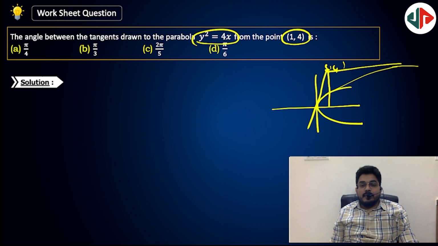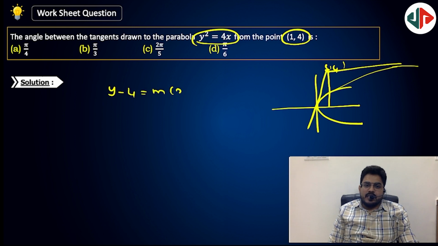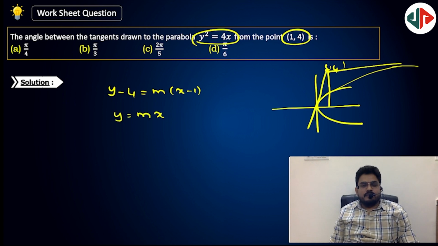What is the angle between those tangents? Any tangent I'll write as y minus 4 equals m into x minus 1.